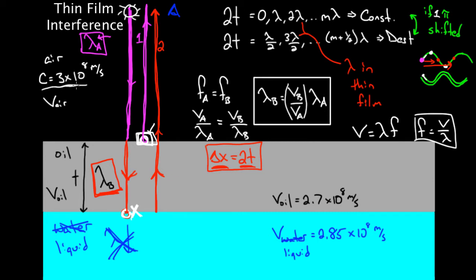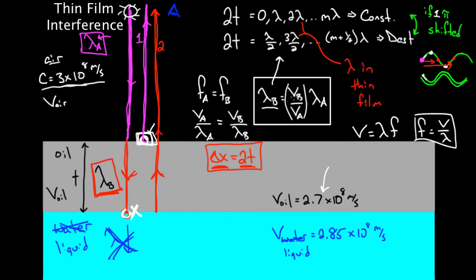Remember I gave you the speed of the light in the air. That you can look up because everyone knows it. You can look it up online. And the speed of the light in the oil, I just told you what that was. If you're given these speeds, take the ratio, speed of light in oil divided by the speed of light in the air, multiply by the wavelength in the air, this first medium, and you'll get the wavelength in the second medium, which is the oil. This would be what you'd plug into these formulas up here.